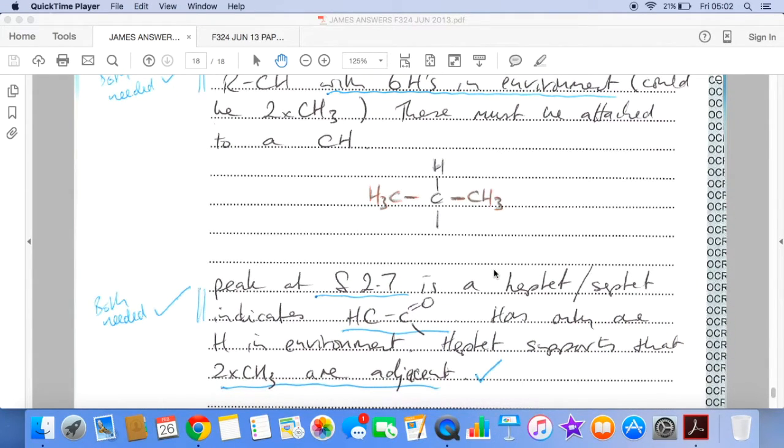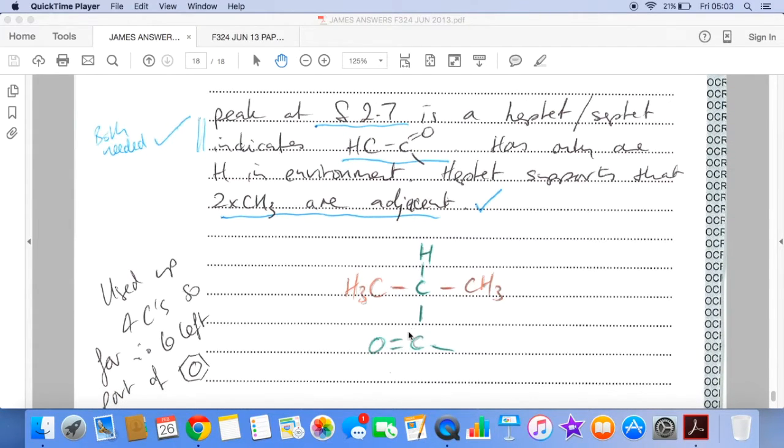The peak at delta 2.7 ppm is a heptet or a septet, or you could say a multiplet of 7, and that indicates this environment, and this confirms or backs up our thoughts that it's an ester. There's only one hydrogen in this environment from the peak area, and the fact that it's a heptet is supporting that we've got 2 CH3 groups adjacent.